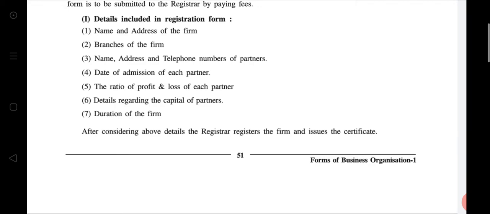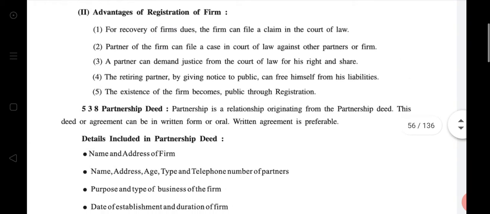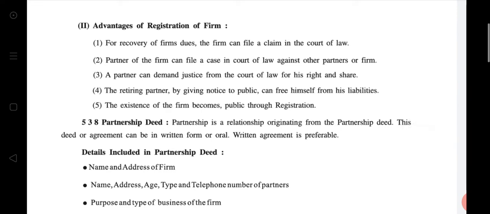Reading complete. Okay. Now some advantages of registration of firm are given here. So let's see how many advantages of registration of firm there are. So there are 5. For recovery of firm dues, the firm can file a claim in a court of law.